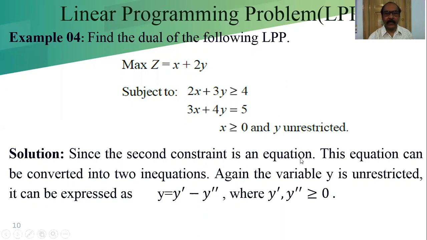Since the second constraint is an equation, this equation can be converted into two inequations. One will be less than equal to 5, another will be greater than equal to 5. And as y is unrestricted in sign, we can write y as the difference of two restricted variables, y equal to y dash minus y double dash, where y dash and y double dash are greater than equal to 0. So this problem we can rewrite by introducing y dash and y double dash.